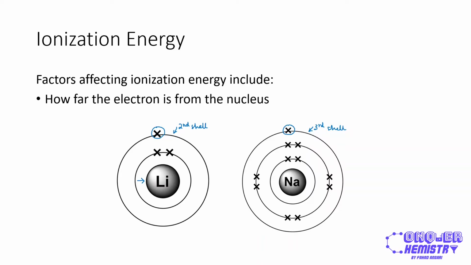So the energy that needs to be gained by this electron in order to escape the clutches of the positive nucleus will be less. And you can see the proof is in the pudding. We have positive 519 for lithium and positive 494, the first ionization energy for sodium.